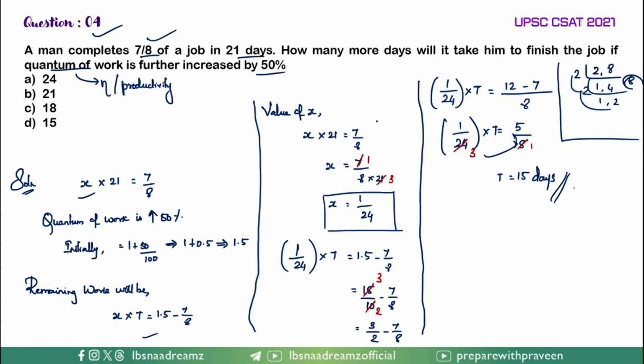So after increasing the quantum, that is productivity or efficiency, by 50%, this man will take 15 days to complete the job. Option D, 15. Yes, option D is the right answer.